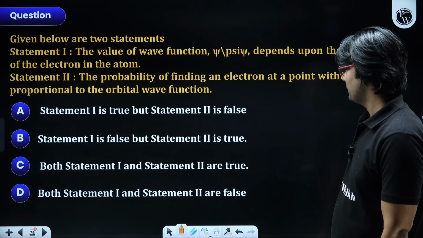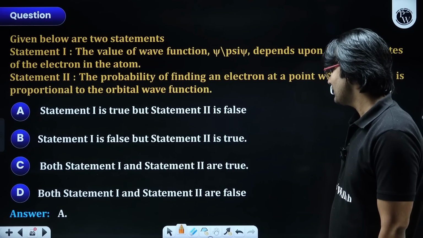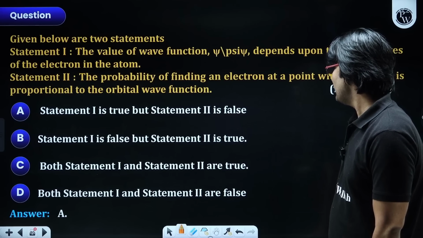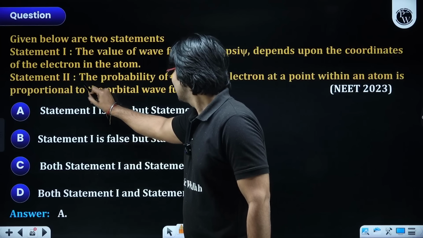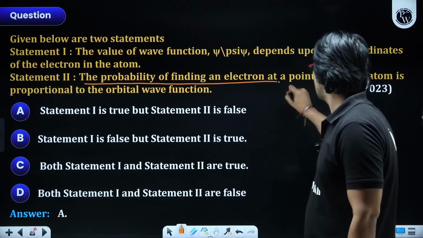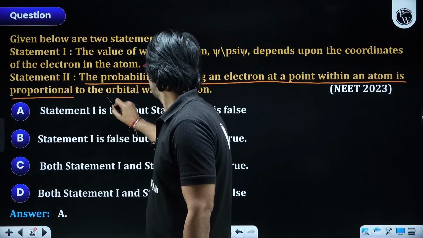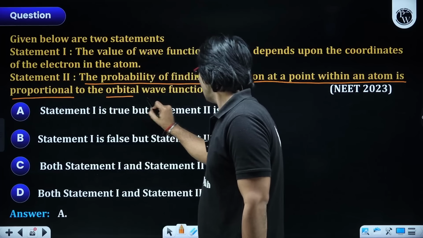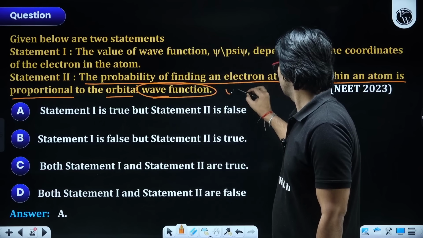If you read the statements carefully, definitely your answer will be A. Statement 1 is true, but statement 2 is false. Why? Because the probability of finding an electron at a point within an atom is proportional not to the wave function, but to the square of the wave function.